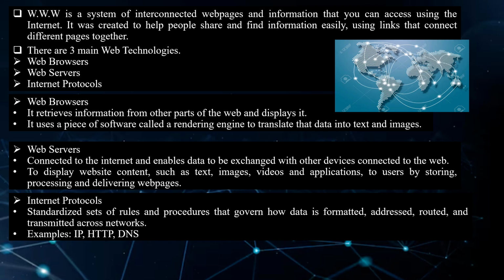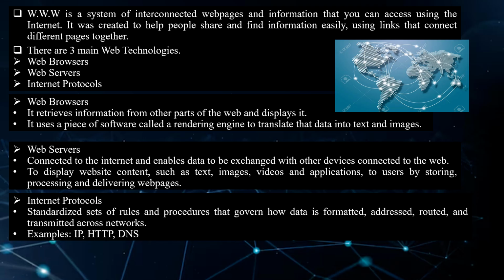Web browsers. It retrieves information from other parts of the web and displays it. It uses a piece of software called a rendering engine to translate that data into texts and images. Web servers connected to the internet enable data to be exchanged with other devices connected to the web.